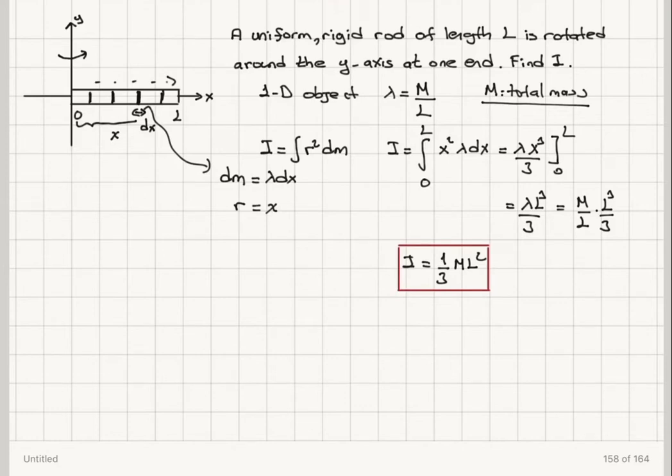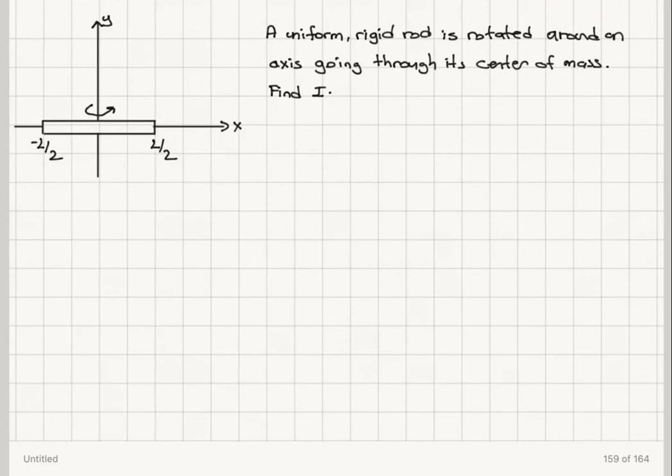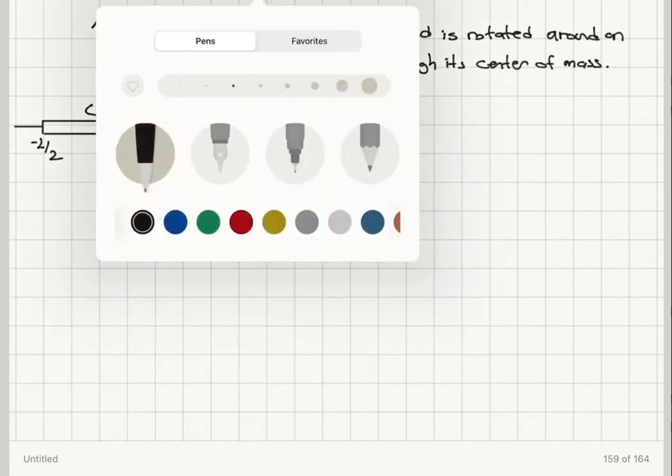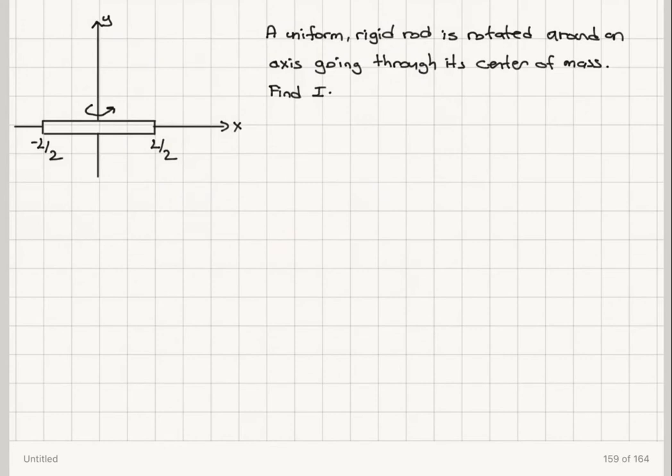Okay, now let's have the same rod rotated around its center of mass axis, the central axis. It's again uniform, and I take a small element here which has mass dm, that is lambda times dx.